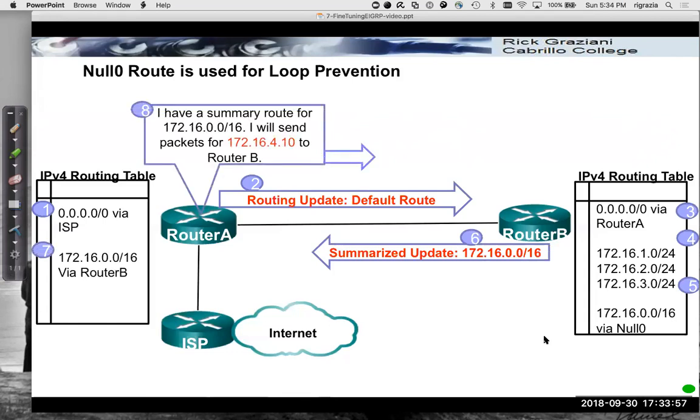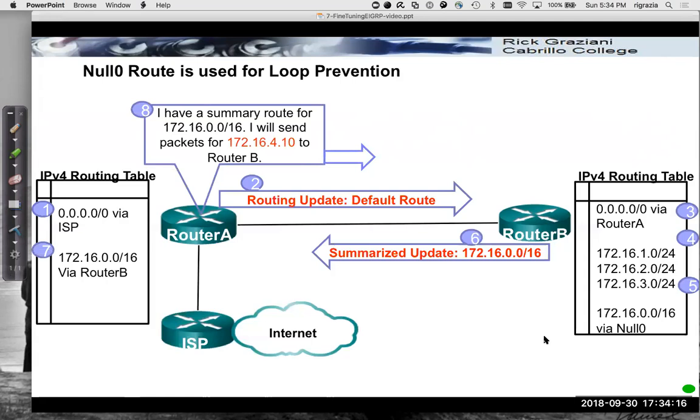Router A now has that packet going to some mystery network, 172.16.4.10, and says, oh, I've got that summary route. My best match is not the default route, it's the summary route because it matches 16 bits. Remember, the default would be, if nothing else matched, 0 bits.